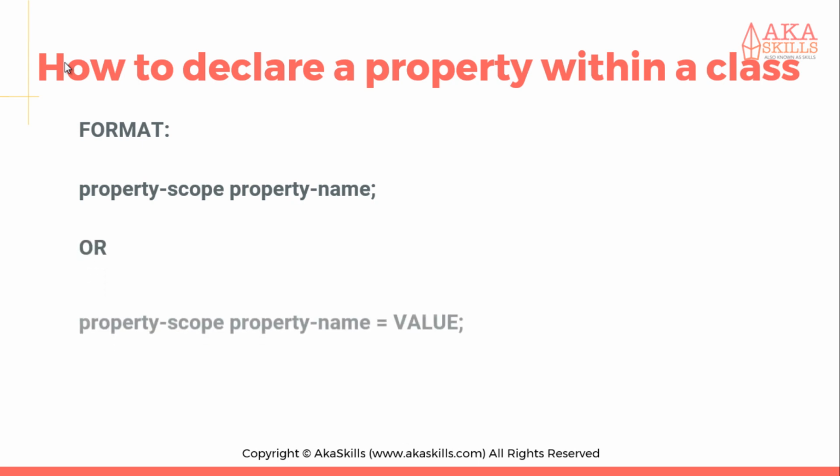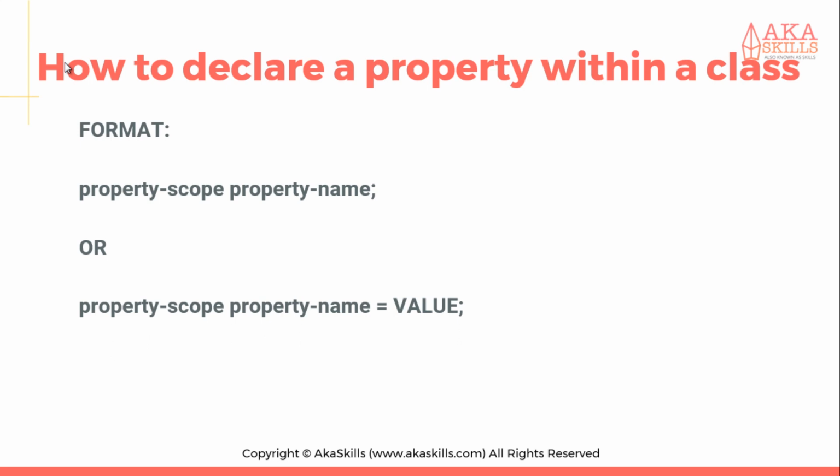Then if you want to initialize the property at that point in time, you simply say the property scope, followed by the name you choose to give the property, then equals a value you choose to assign to the property.